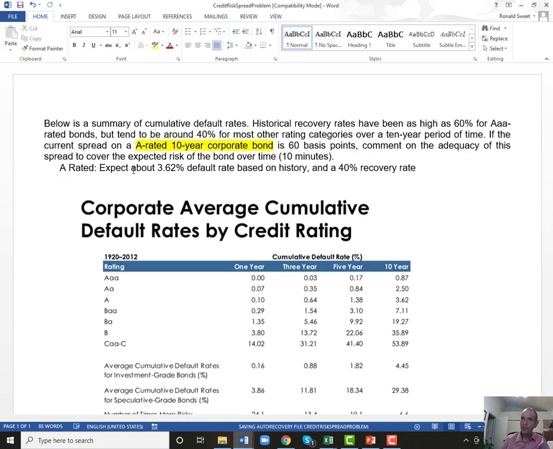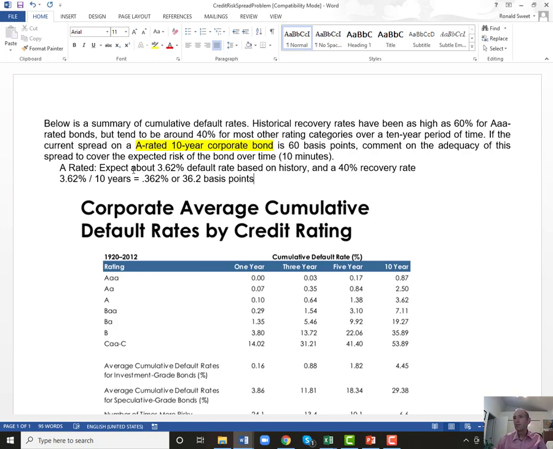Well, first of all, 3.62% is over 10 years. So we don't expect a default rate of 3.62% every year. We expect a cumulative over 10 years. So we expect in any given year to have a default rate of 0.362%, or 36.2 basis points.